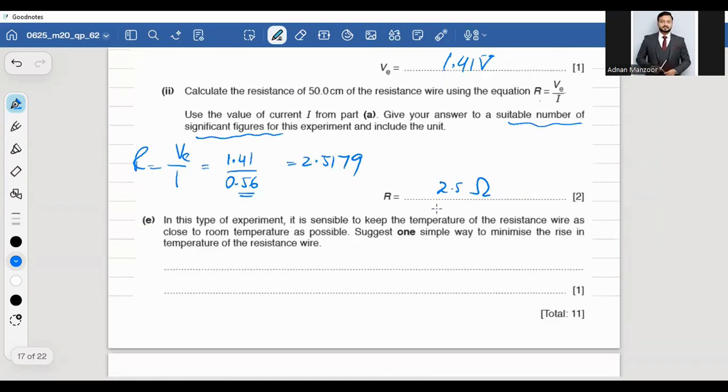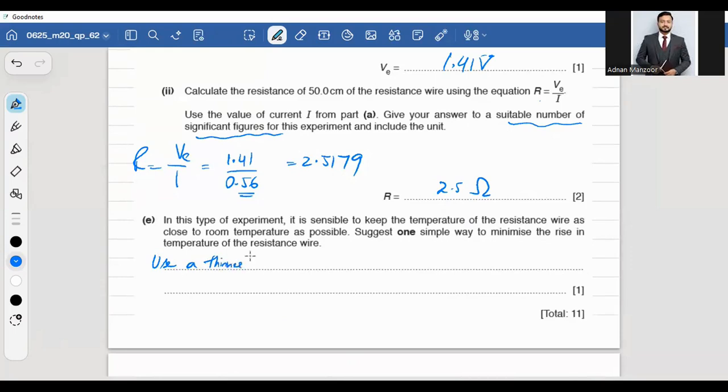Okay, so last question. In this type of experiment, it is sensible to keep the temperature of the resistance wire as close to room temperature as possible. So suggest one simple way to minimize the rising temperature of the resistance wire. Okay, the best thing is to use a thinner wire.